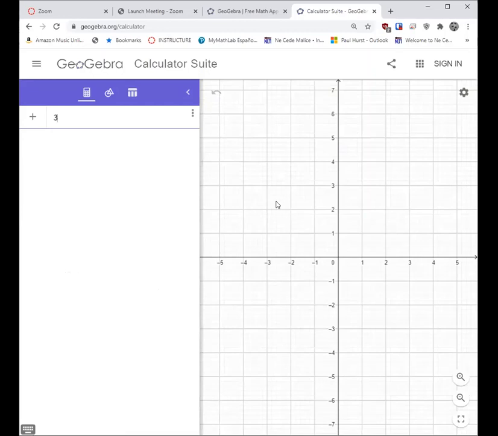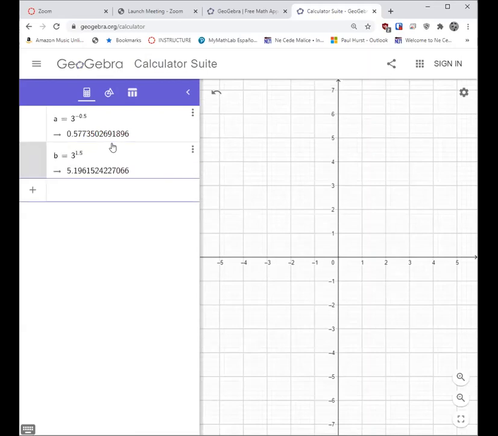The first one is 3 to the negative 0.5. I hit enter, and there's our answer: 0.577. The next one was 3 to the 1.5. I put 1.5 in there, and 5.196 will be that one.